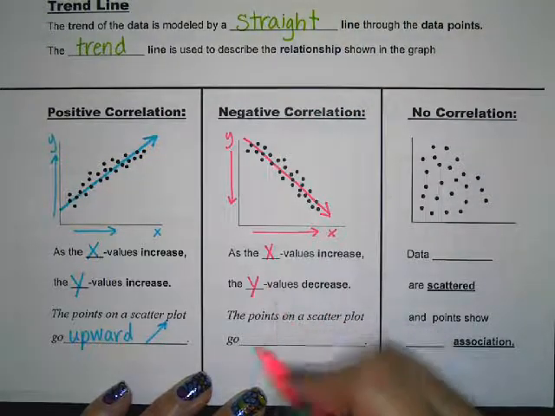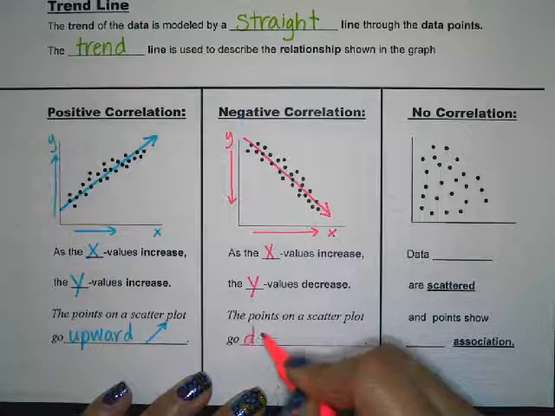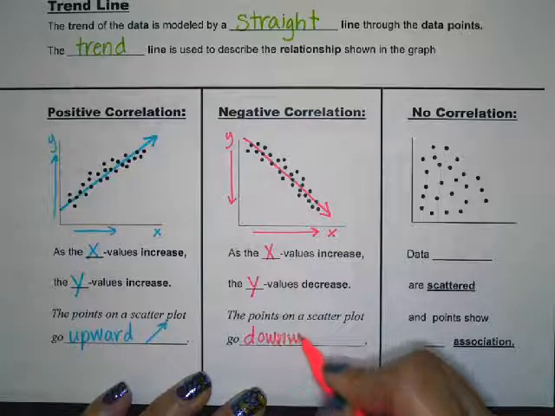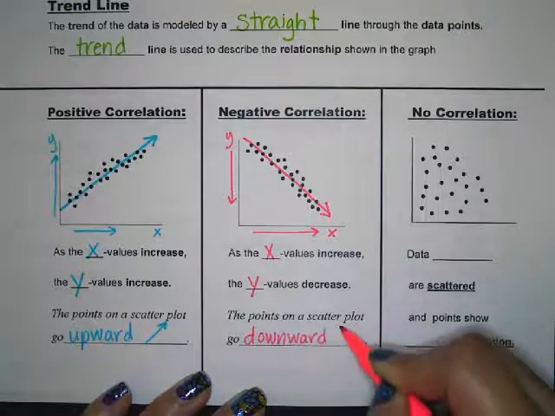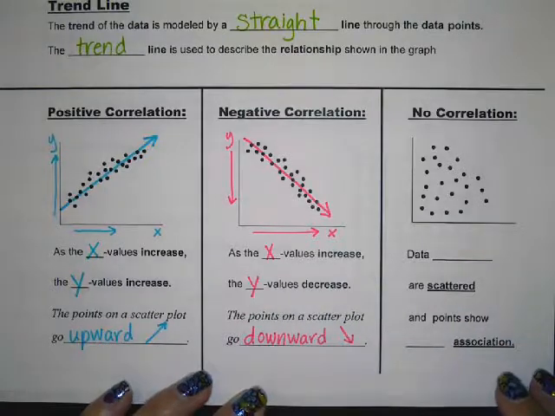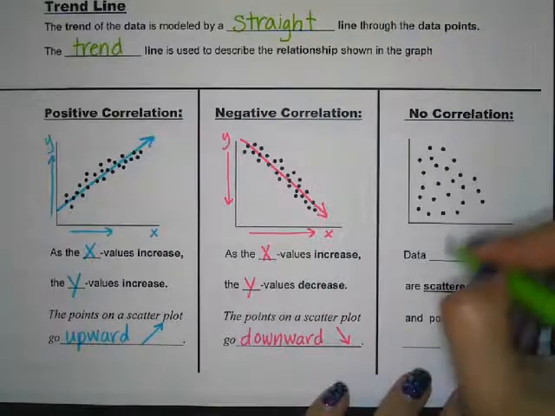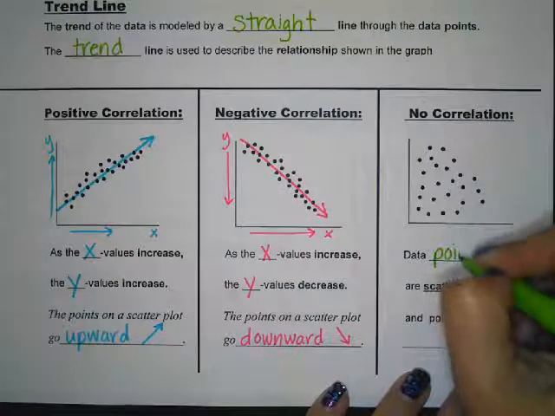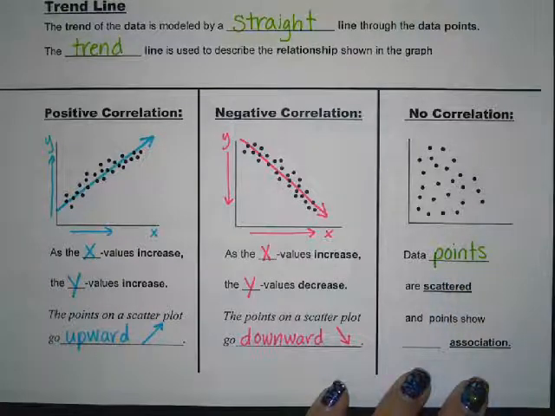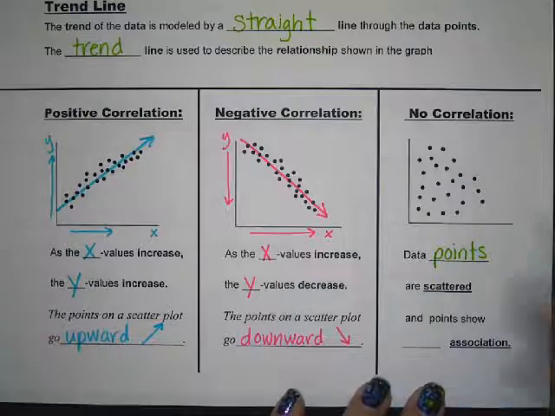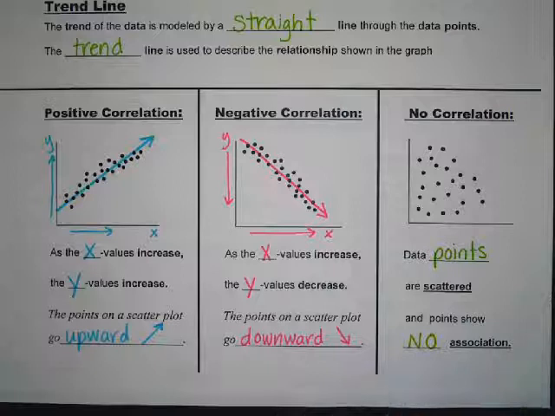The points on the scatter plot go downward, so it has a negative slope. And for no correlation, the data points are scattered and the points show no association. There's no pattern happening. They're kind of all over the place for that one.